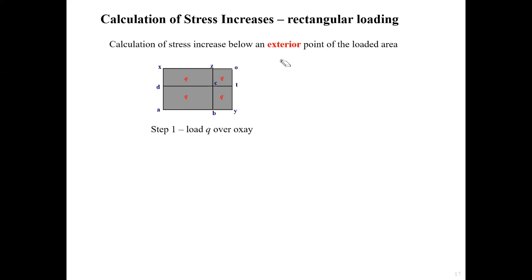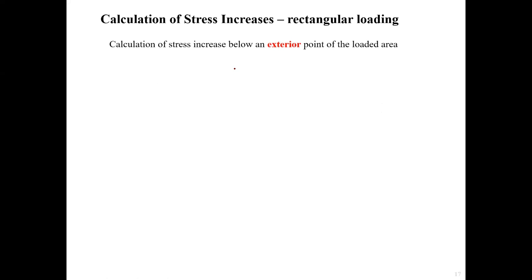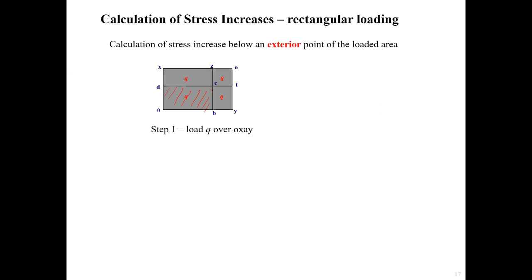So if we look further, we have 4 steps. Again, that's the previous case. Step 1: because O is outside this loading area, we have to form a rectangle to make point O a corner.